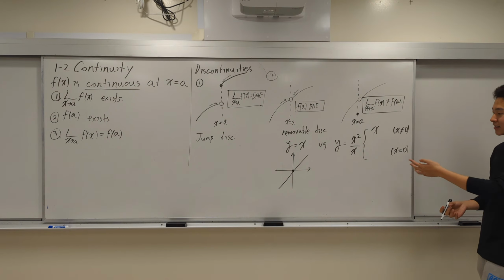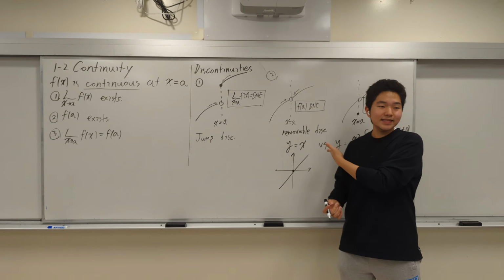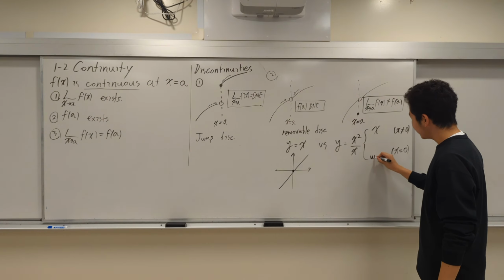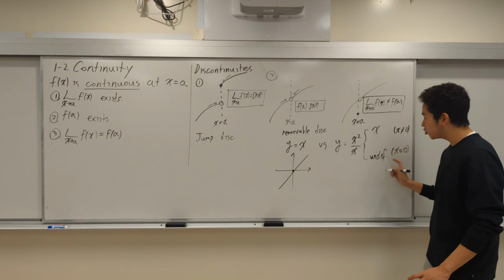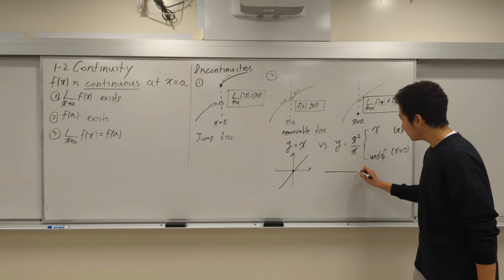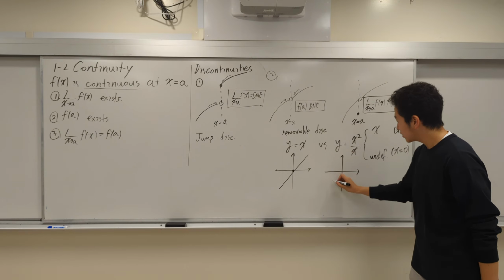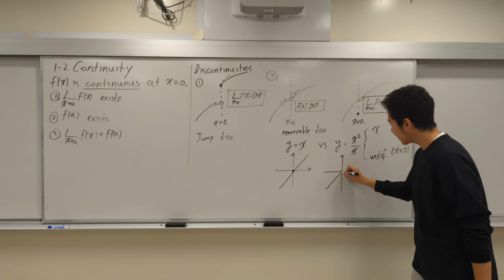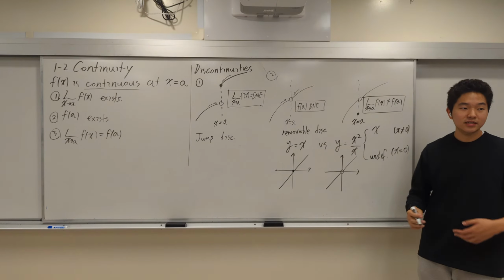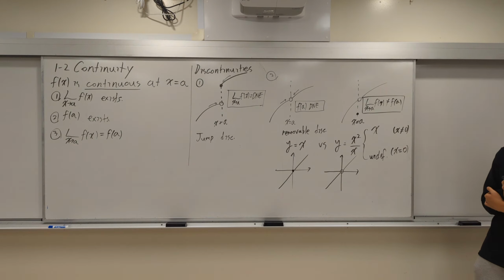So if the denominator is 0, is this number defined? No. It's undefined just at x equals 0, but it's defined everywhere else. Everywhere else, it follows the same straight line, but at x equals 0, it's an open hole. It's not defined just at that point.